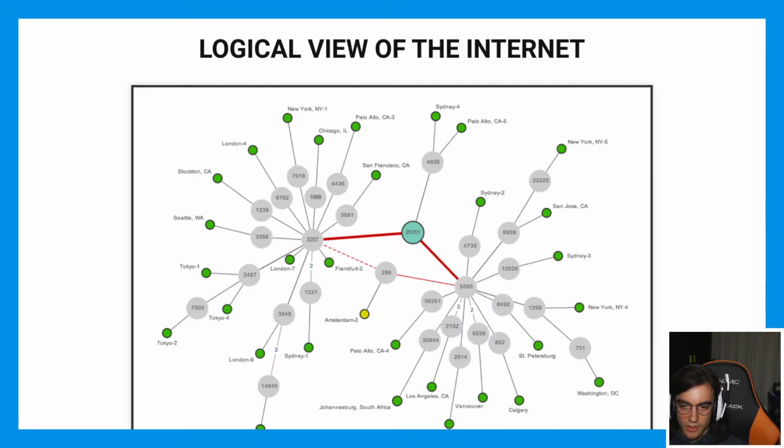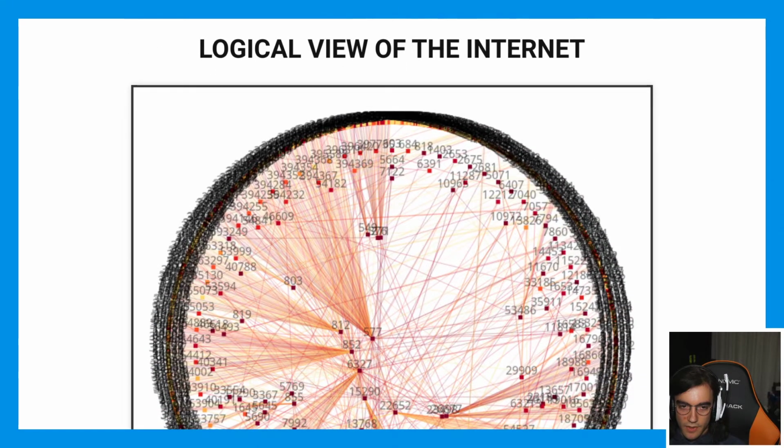And if we go even deeper into the nitty-gritty, it looks something like this. The other image was just for demonstration purposes, but this is what the BGP routing table looks like for the country of Canada. As we can see, there are a lot of different ISPs, so many that they're all overlapping. Those are what the numbers are.